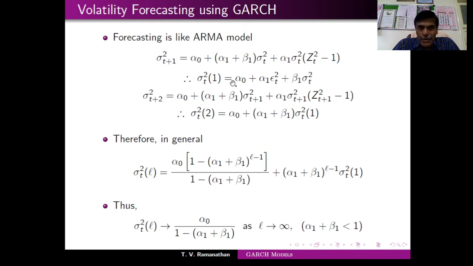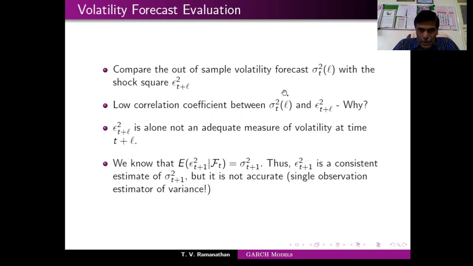When you are here, there will be very high correlation between epsilon t plus 1 and sigma t plus 1 square. But when you go far, there is a low correlation coefficient, so epsilon t plus L square alone is not an adequate measure of volatility at the time t plus L.